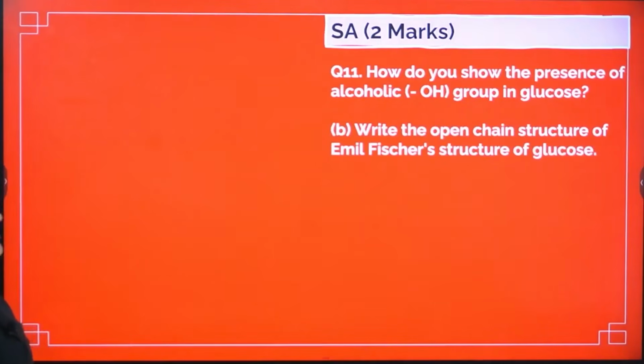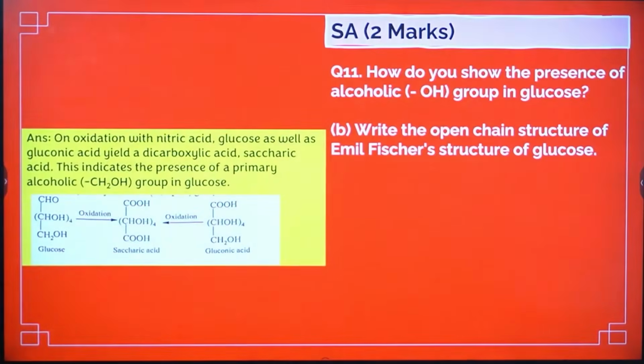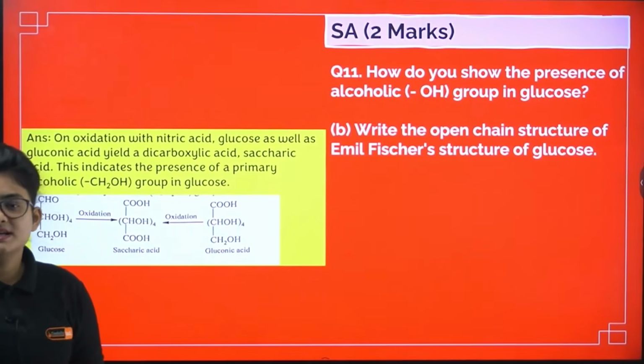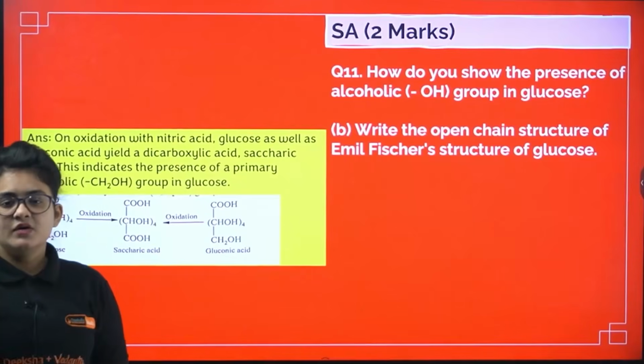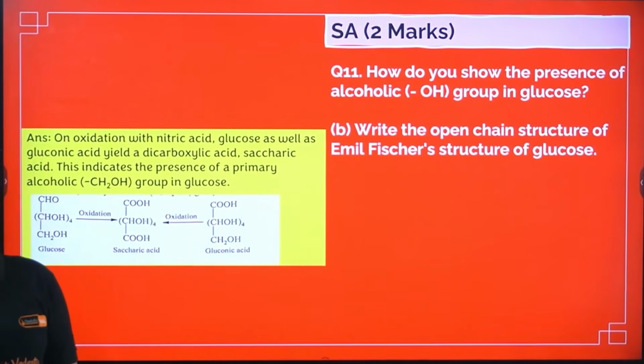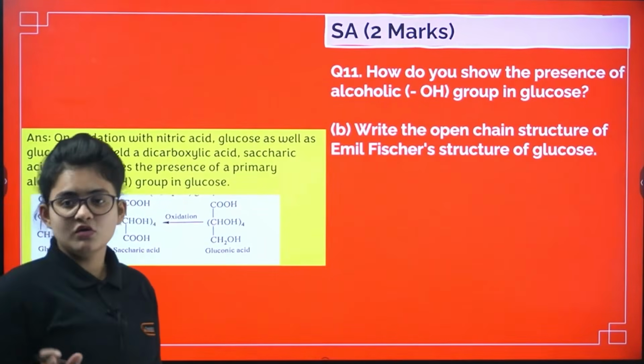How do you show the presence of alcoholic OH groups in glucose? If you do oxidation with nitric acid, then both glucose and gluconic acid give you the dicarboxylic acid, called saccharic acid. That tells us that alcoholic OH groups are present.